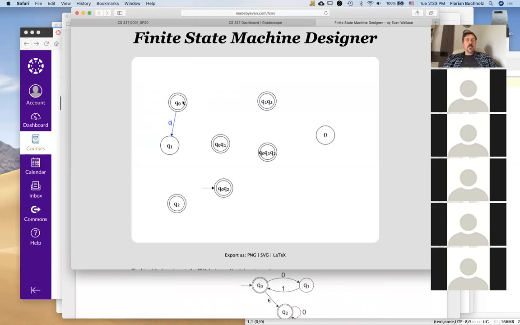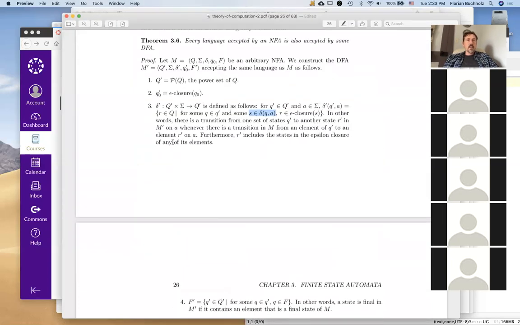So that's why we need to transition on a 1 to the empty set state, like that. And that is because the set that we're defining here will be empty. There are no such transitions that exist.